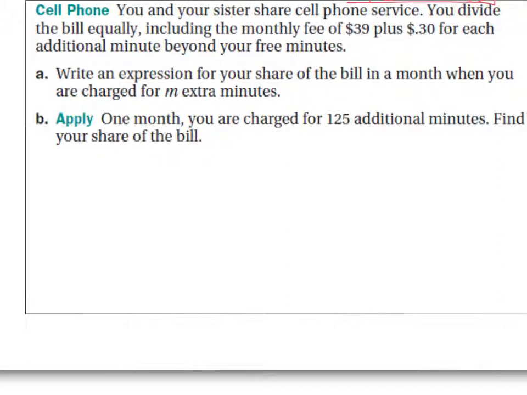Cell phone. You and your sister share cell phone service. You divide the bill equally, including the monthly fee of $39 plus 30 cents for each additional minute beyond your free minutes.